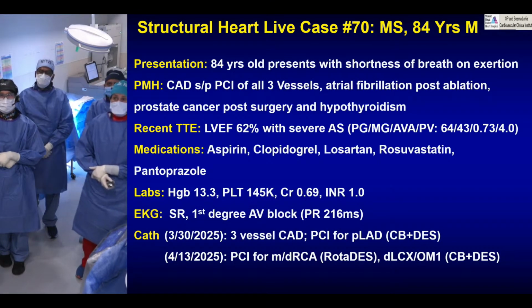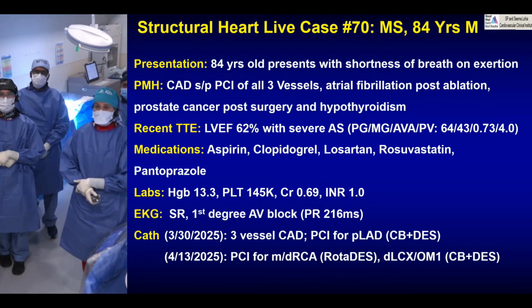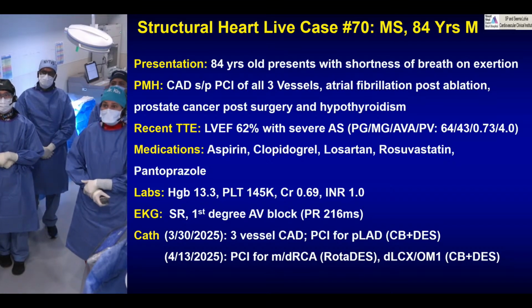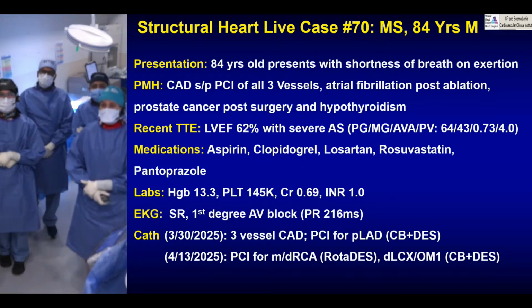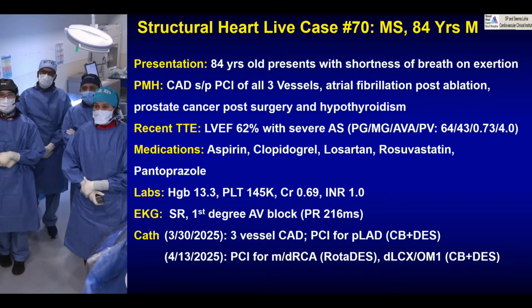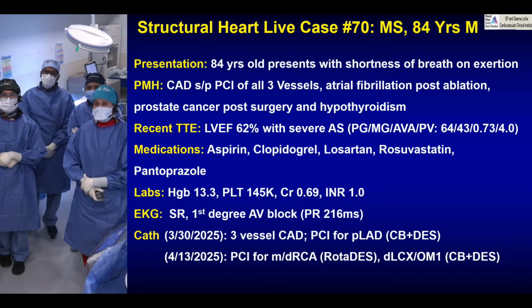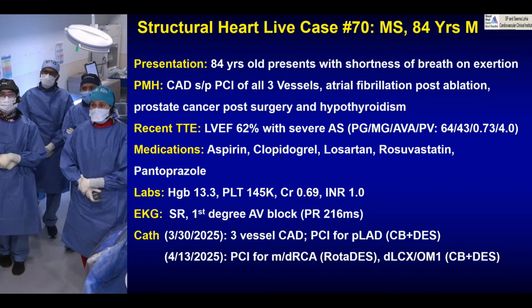So if you see here, this is a case of an 84-year-old male who presented with shortness of breath, with significant 3-vessel CAD, and all 3 vessels had a recent PCI, atrial fibrillation, and history of cancer also. So significant aortic stenosis with normal EF.